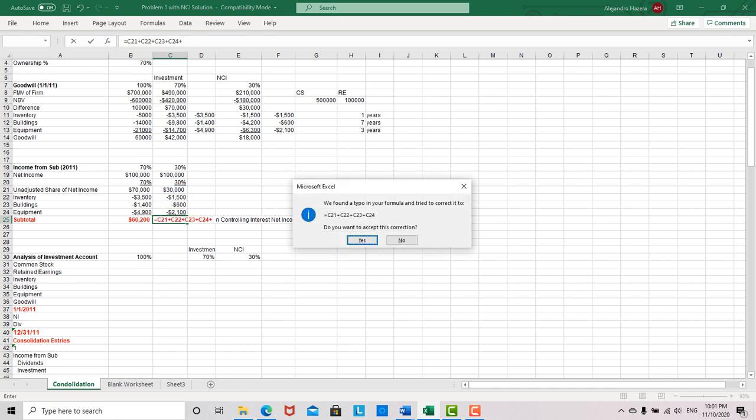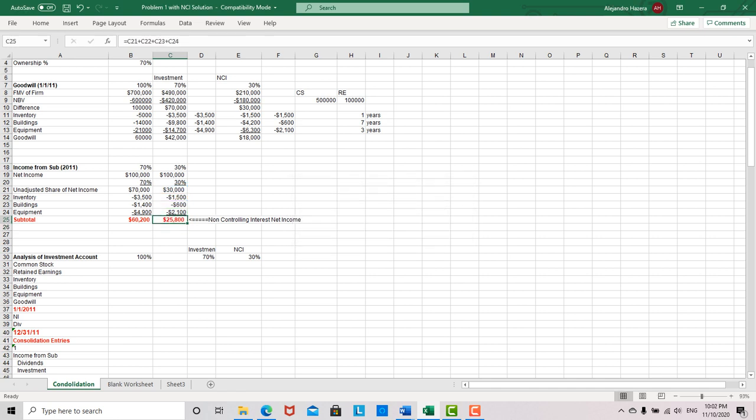So your non-controlling interest income, let's see, it takes us to 25,800, and it looks like we're on the right track here, 25,800. Always, when you finish income, when you finish the investment account, match them up with the income and investment on the parent's balance sheet to make sure you're on the right track.